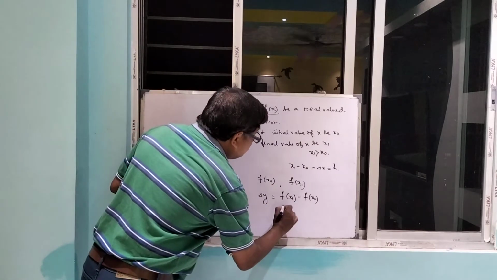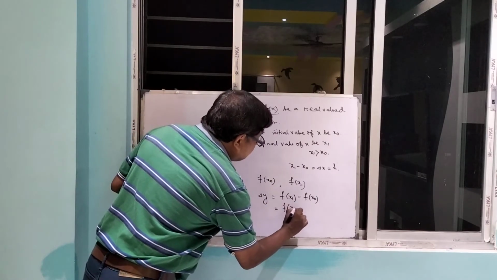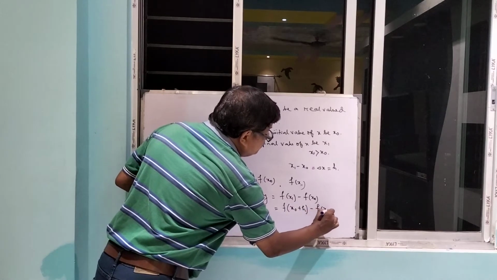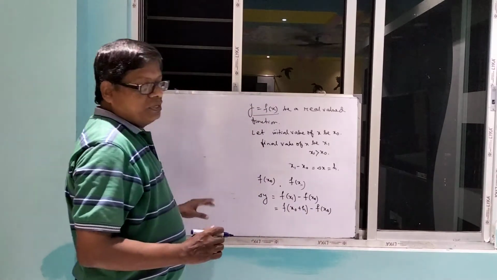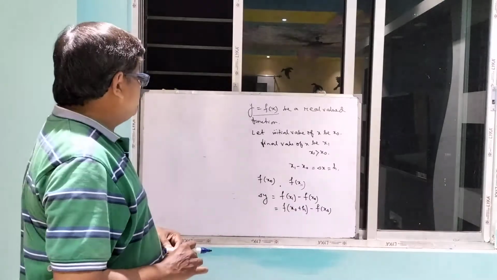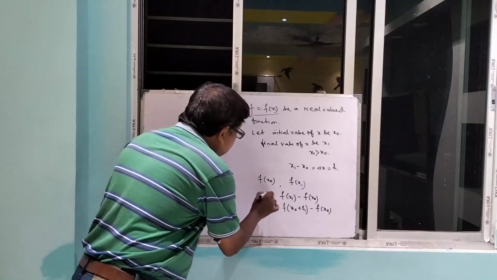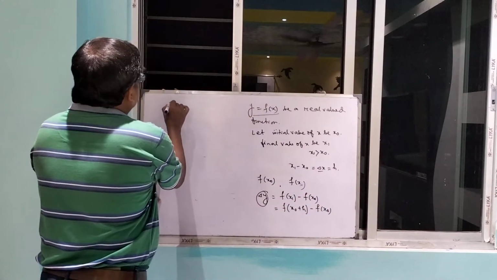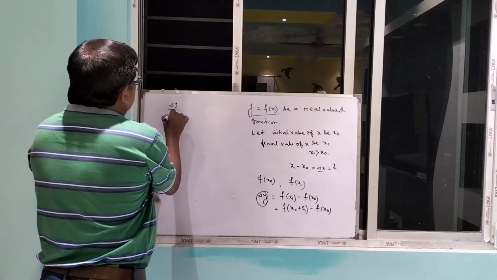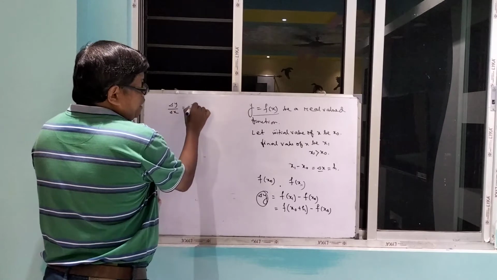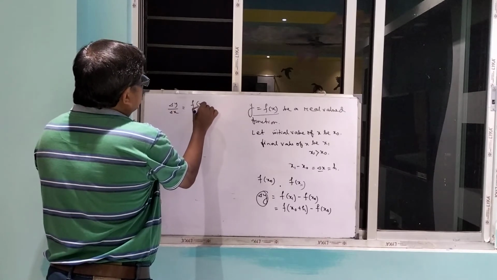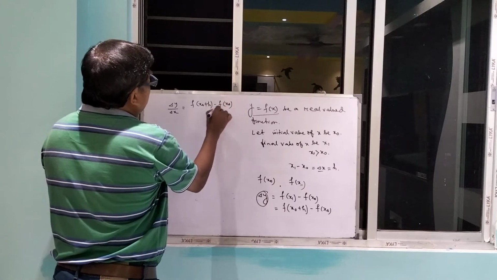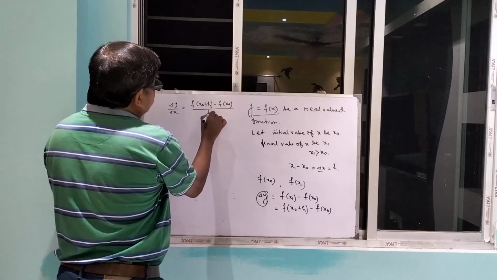So write here f of x0 plus h minus f of x0. Now we are taking the ratio delta y by delta x. So write delta y by delta x equal to f of x0 plus h minus f of x0 by h.